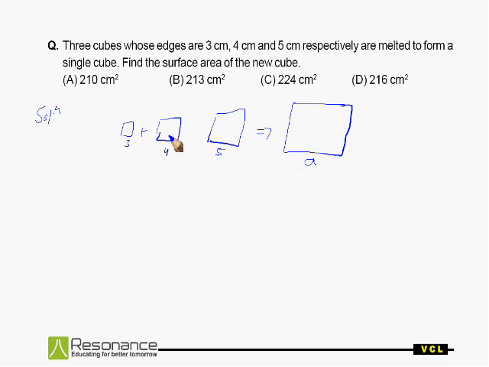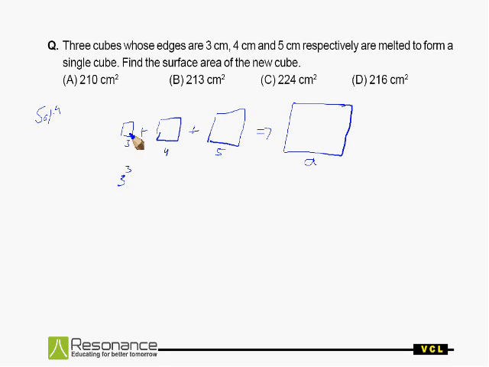Now as this big cube is made by these three small cubes, the volume remains the same. That is, the volume of all these three cubes is equal to the volume of this big cube. And we know that the volume of a cube is a cube, or you can say side cube.